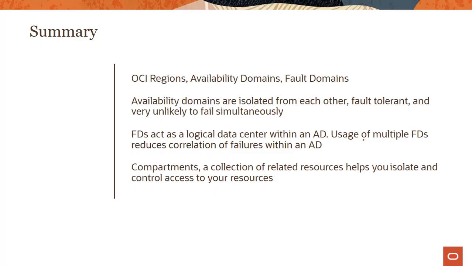Fault domains are logical data centers within an AD, and of course you should use these constructs to avoid single points of failure and to design and create highly available applications. Finally, a compartment is a logical construct, a collection of related resources. Why do you do that? To isolate your resources and control access to them.